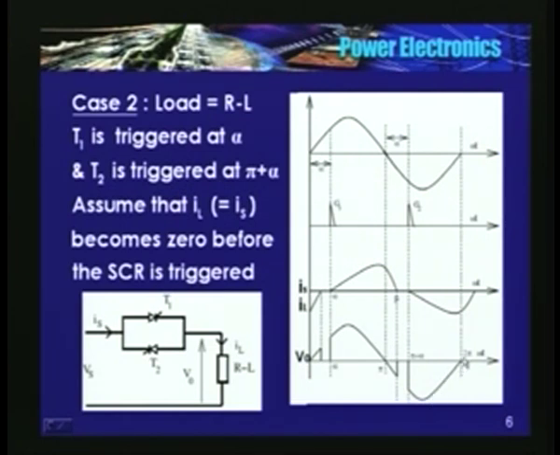Actually, this should continue beyond beta here. Say current becomes 0, that I have shown you in this waveform. Actually, this part should come here. So whatever happened from pi to beta will happen from 2 pi to beta.